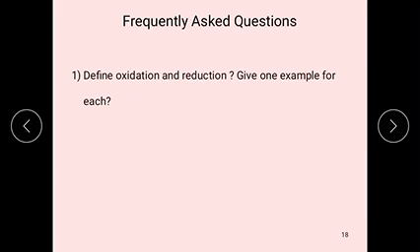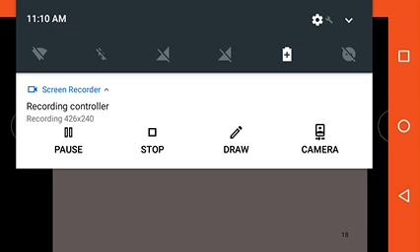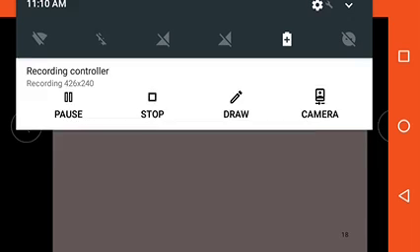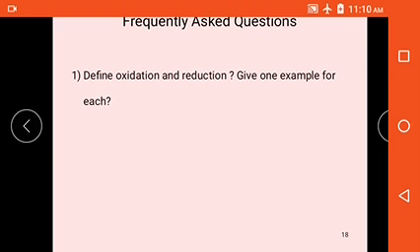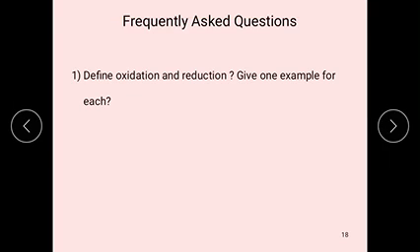Let us repeat once again the three topics of oxidation, reduction, and redox reactions.